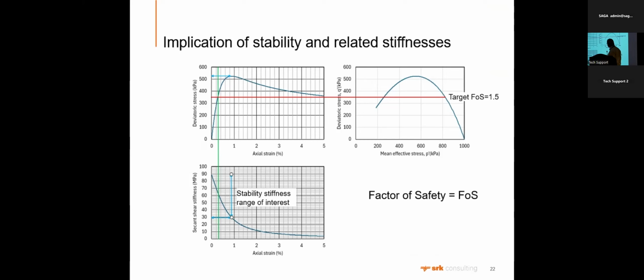But typically, if we aim for a factor of safety of 1.5, then you cannot exceed stresses at about 2/3 of the peak, because the inverse of 2/3 is 1.5. And therefore, this is the range of stiffness that we typically should be thinking about.